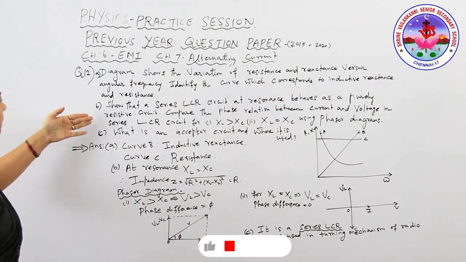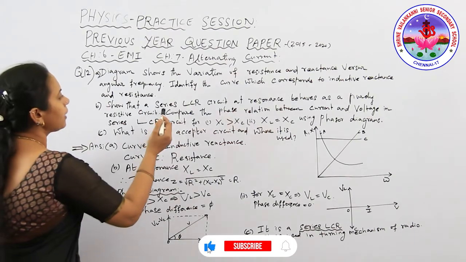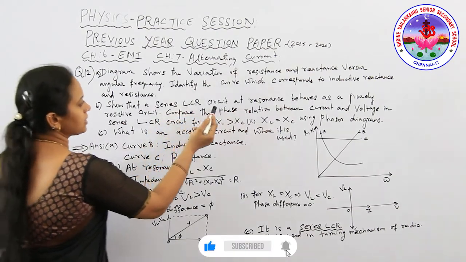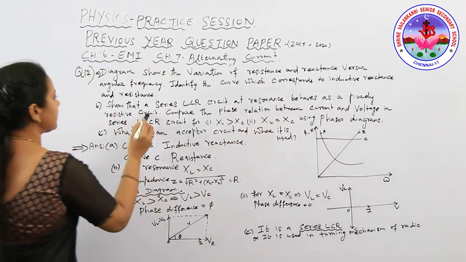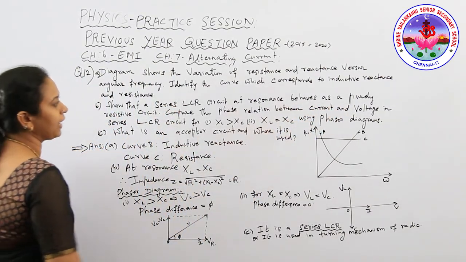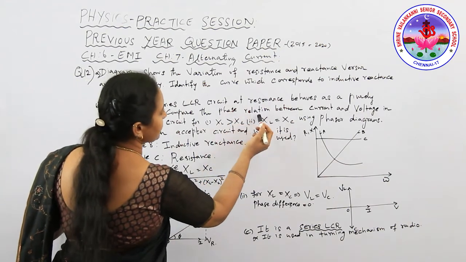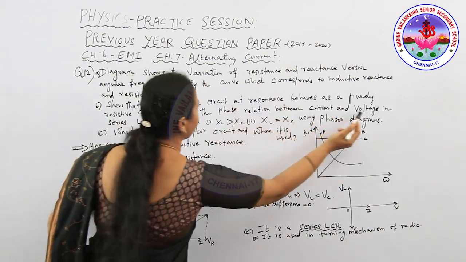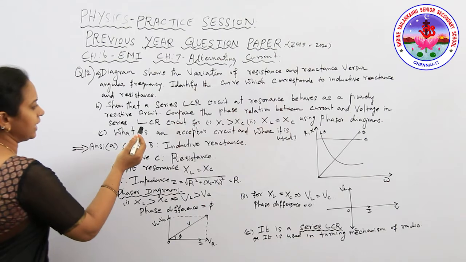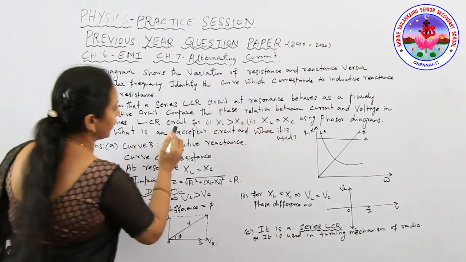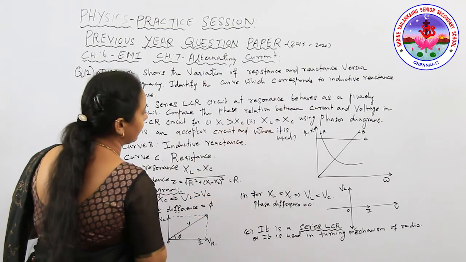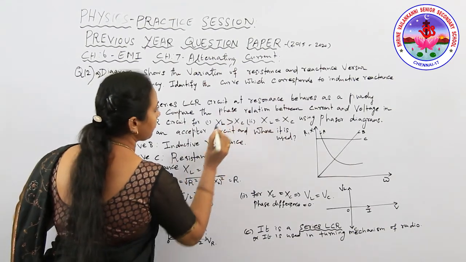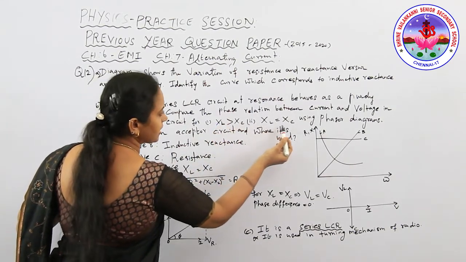That is part A. Part B: show that a series LCR circuit at resonance behaves as a purely resistive circuit, and compare the phasor diagrams, that is the phase relation between the current and the voltage in a series LCR circuit for XC greater than XL, XL greater than XC, and XL equal to XC.